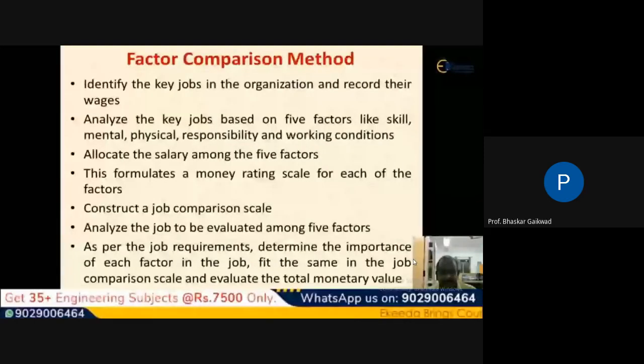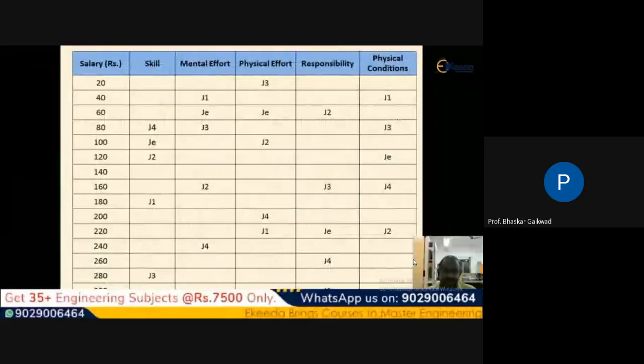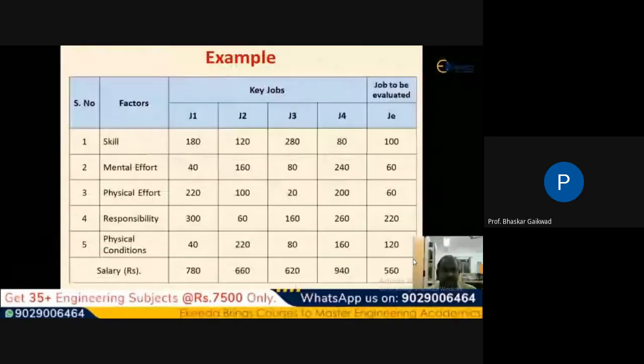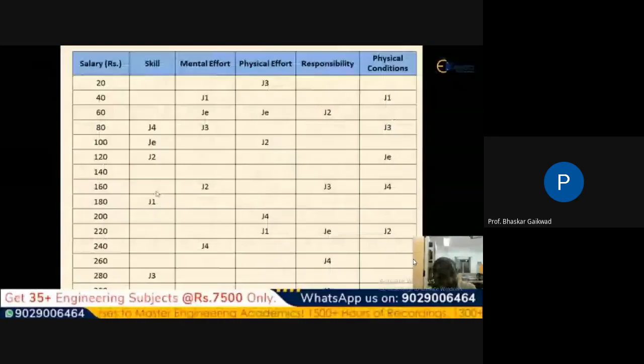Now I am going to put it again on a different scale. Comparing these, just for skills, it is going to be 180, 120, 280, 80, and 100. All four jobs have been put, J1, J2, J3, J4, with the different salaries, and JE is going to be at this particular level. For skills, I am going to decide whether it is going to be above J2 or below J4.